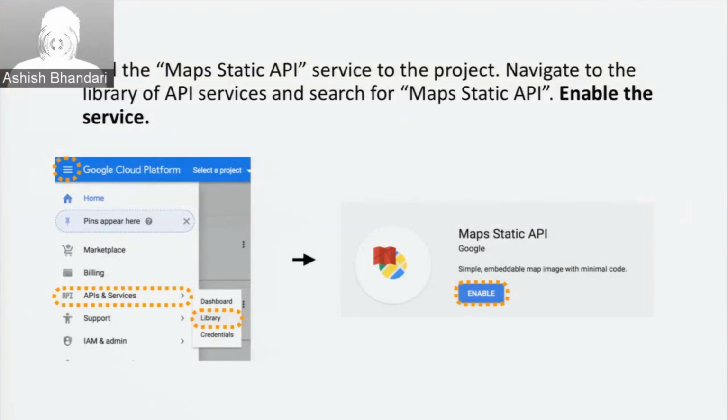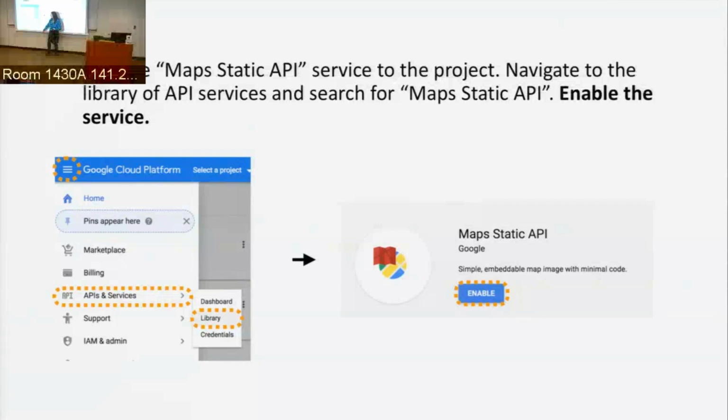So to do that, you're going to click on the menu at the top left, and then find the APIs and services option. And then within that, you should click on library. And the library will show you all of the different API options that are available, but you should search for this one.